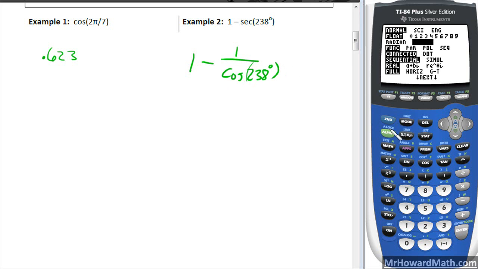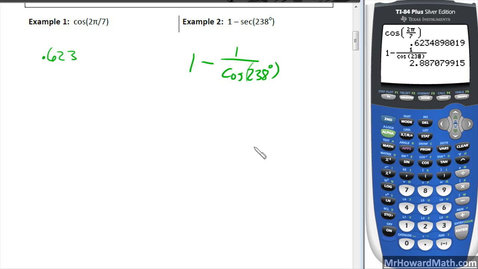That's second mode to get to the mode button, and we hit enter there, and then second mode to quit. Then we'll enter it just like we see it. So 1 minus, alpha y equals enter for that fraction button, and it's 1 over cosine of 238 degrees, close parentheses, and we get approximately 2.887.